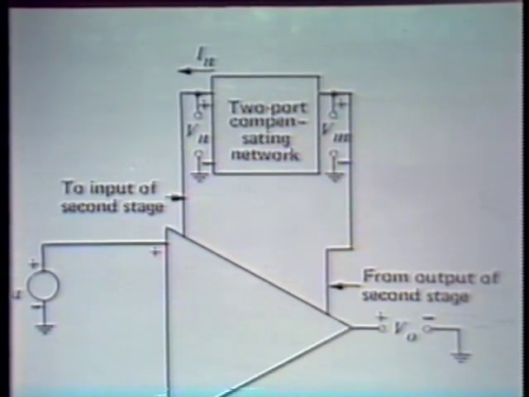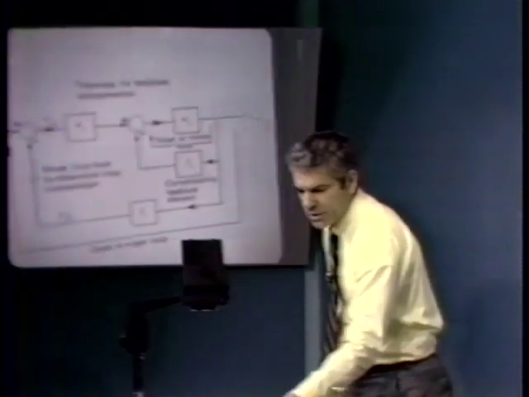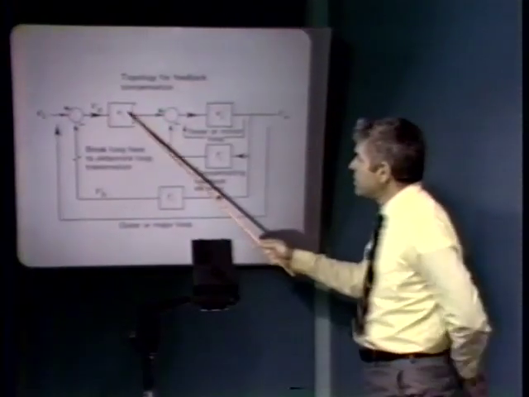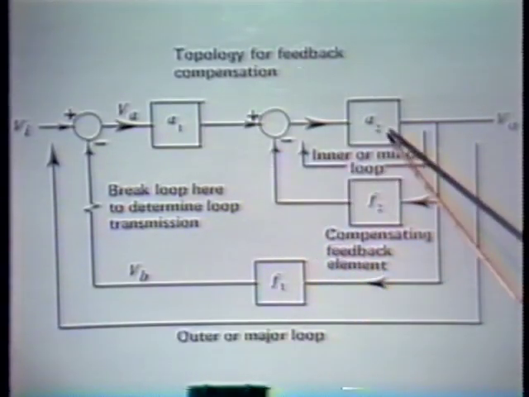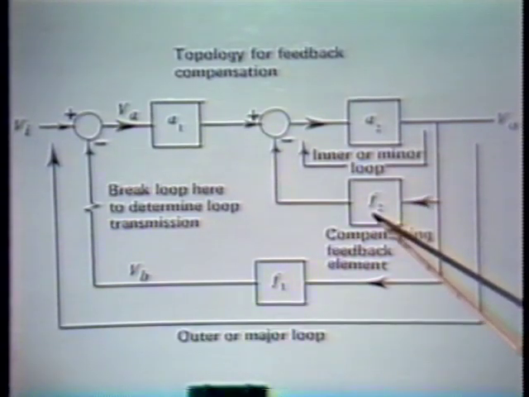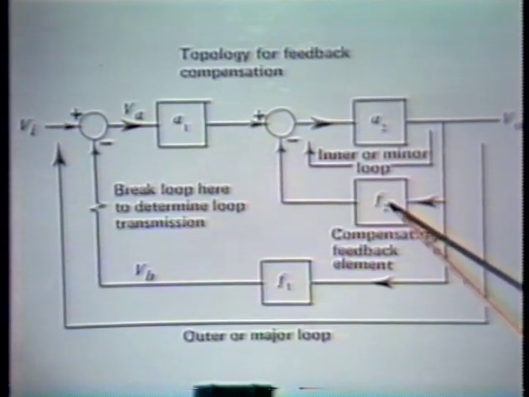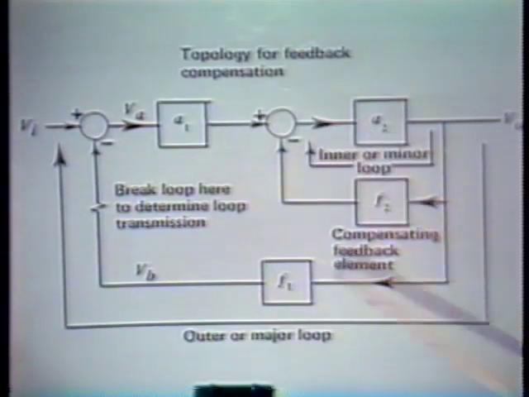Consequently, if we compare this topology with our earlier topology for a minor loop compensated system, this might represent the first stage of the operational amplifier. This would represent the second stage, with the two-port network providing the function F2, the feedback around the second stage, which forms the minor loop.